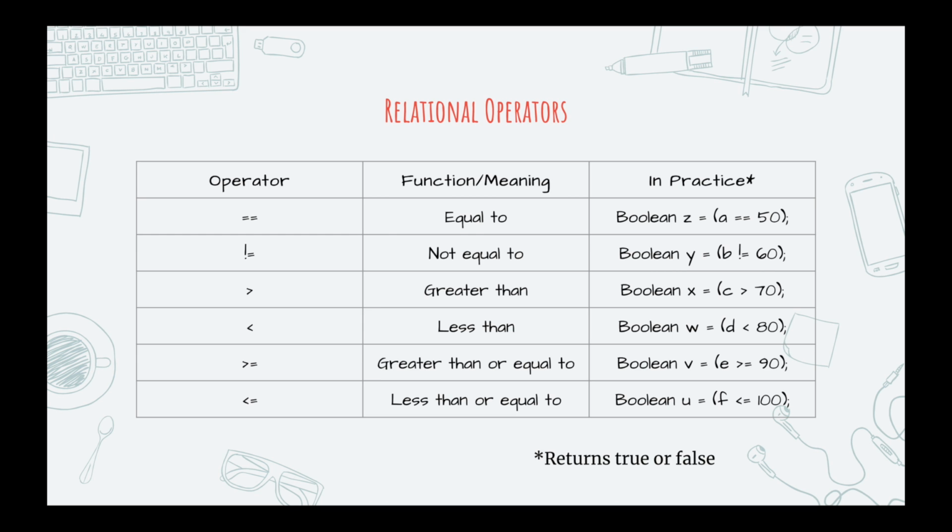But before I talk about each and every single one of these operators, I need to talk about the primitive type Boolean. As I told you before in the previous section, a Boolean value is simply true or false.